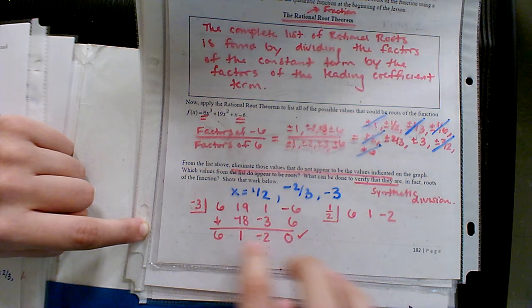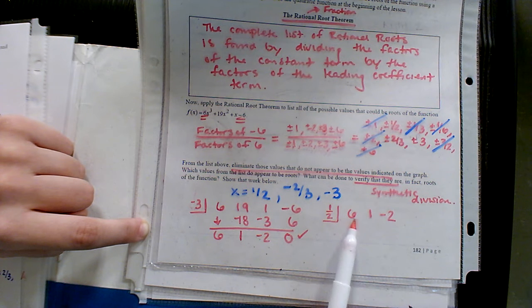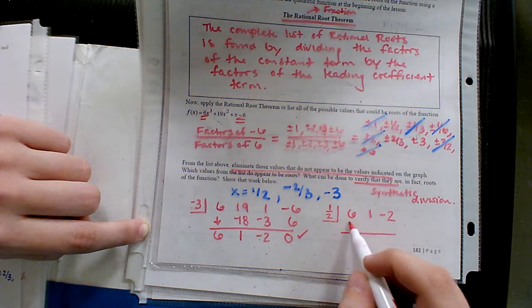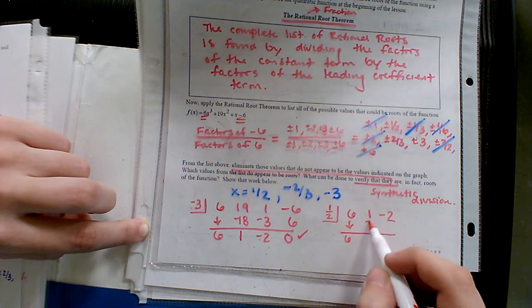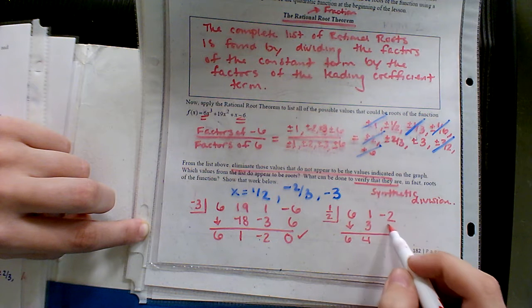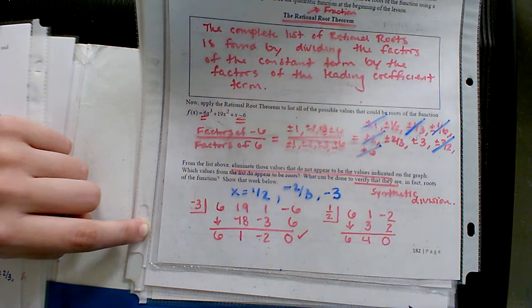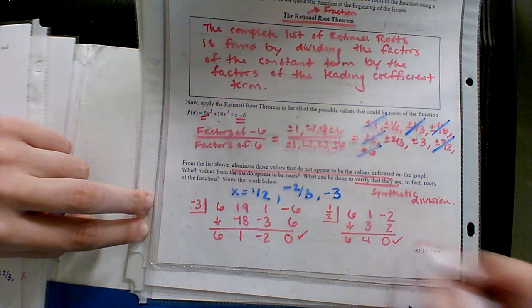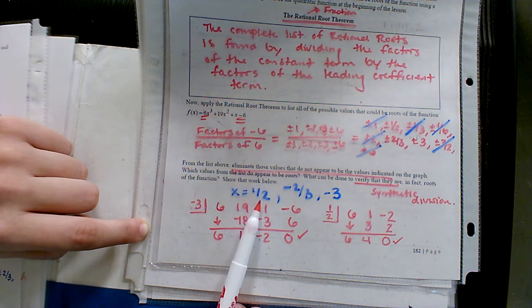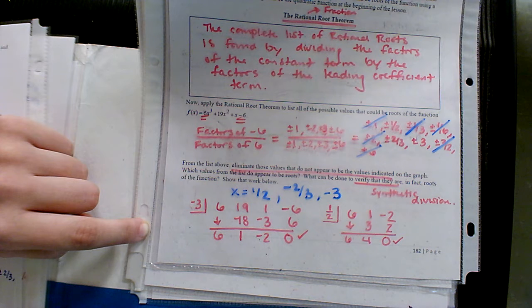It doesn't matter, but maybe working with 3 numbers, it might be a little quicker for us instead of the 4 from the other one. Notice how we get a remainder of 0. So we were correct with our guess from the calculator that the 1/2 was the correct x-intercept.